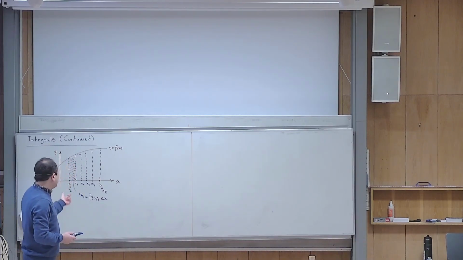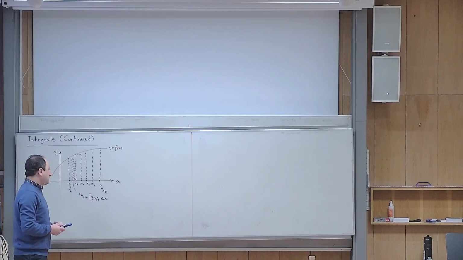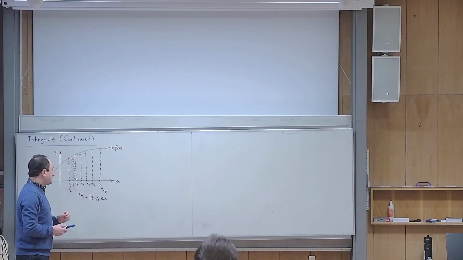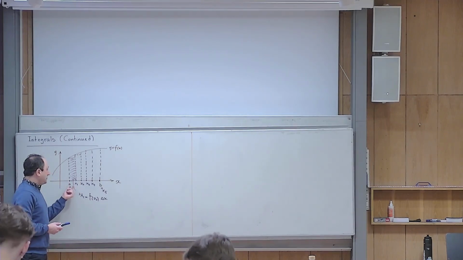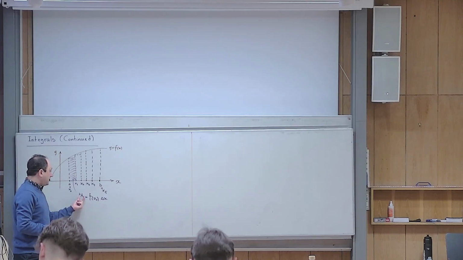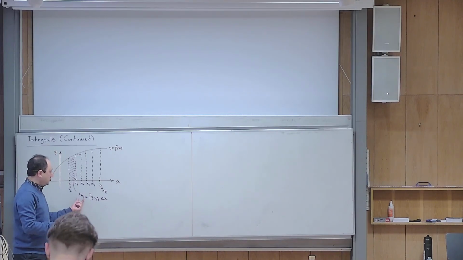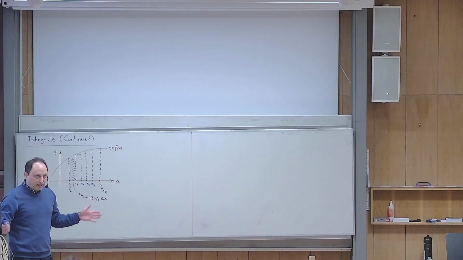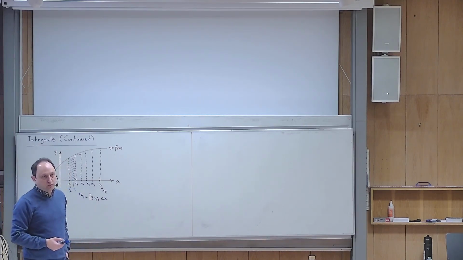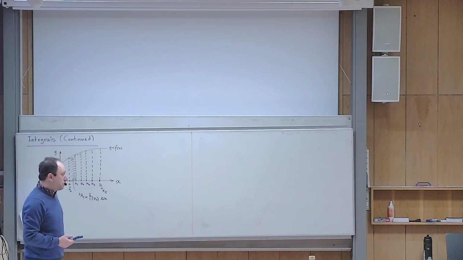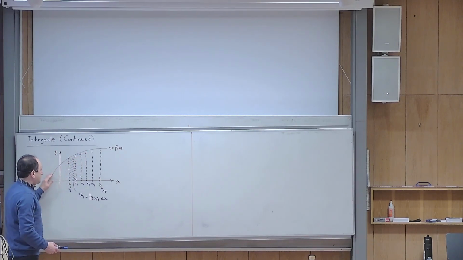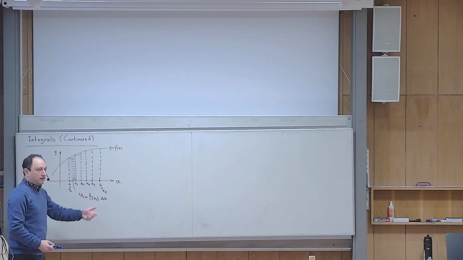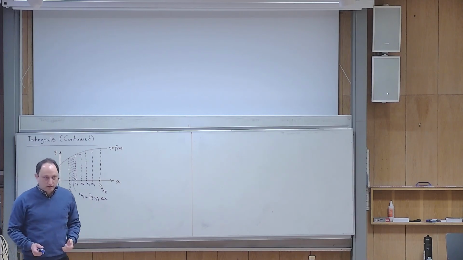When you increase the number of partitions and send it to infinity, different strategies of course give rise to different values for area 1, area 2. But when you start adding them up, it really doesn't matter which one you choose. The only difference is that, according to the behavior of the function, one strategy converges to the real value faster than another.